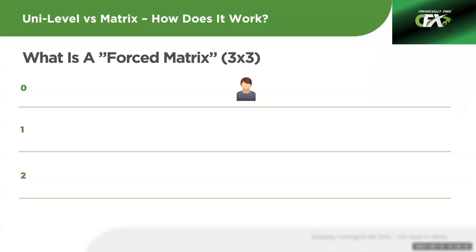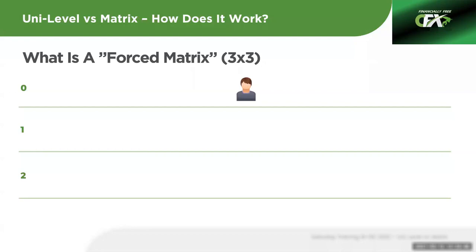The matrix, you have no control over. It's completely automatic. It's managed by the systems and the software in the platform. So you have no control over it. And you're going to see as we go through this presentation how the matrix feels as your uni level feels, and how those two pictures can look completely and utterly different, even though you're building a team.